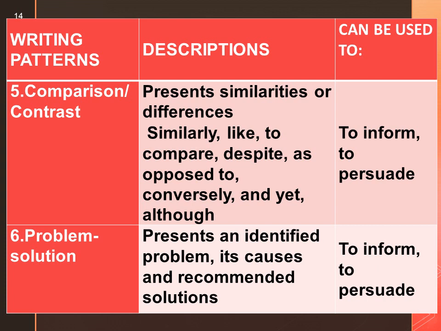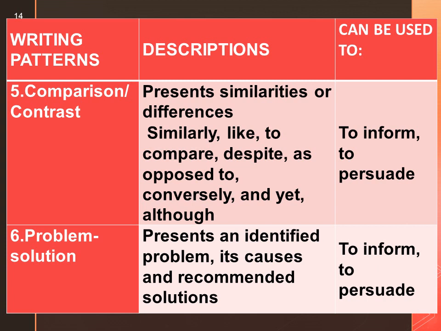We compare and contrast at the same time. So what are the clue words under comparison and contrast? We have similarly, like, to compare, despite, as opposed to, conversely, and yet, although. So these are our clue words when we deal with comparison contrast writing patterns. And we use this pattern when we try to inform or persuade an audience.